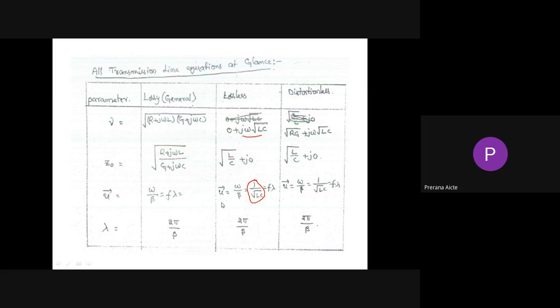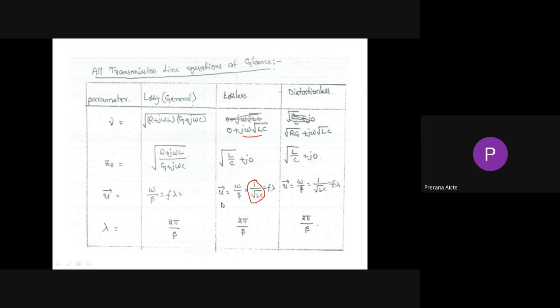From this equivalent circuit, by applying Kirchhoff's voltage law and Kirchhoff's current law, you can get the voltage and current in terms of the RLCG components.